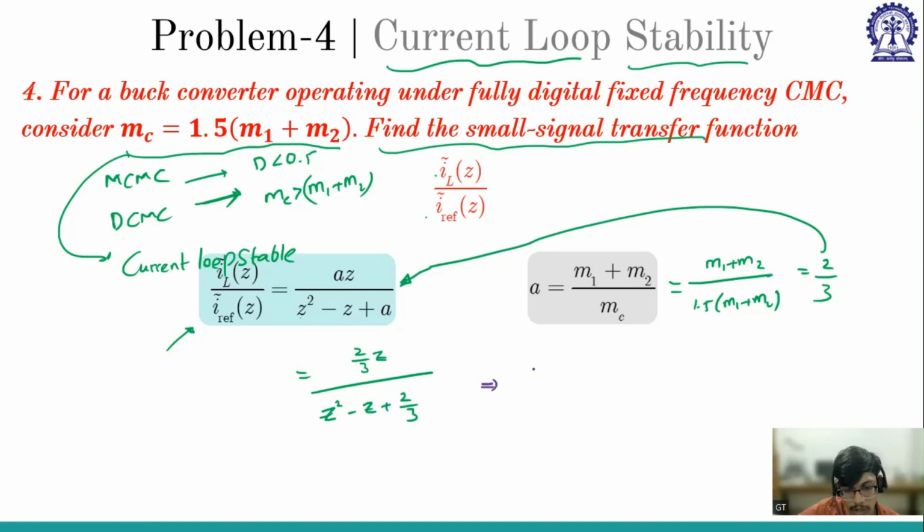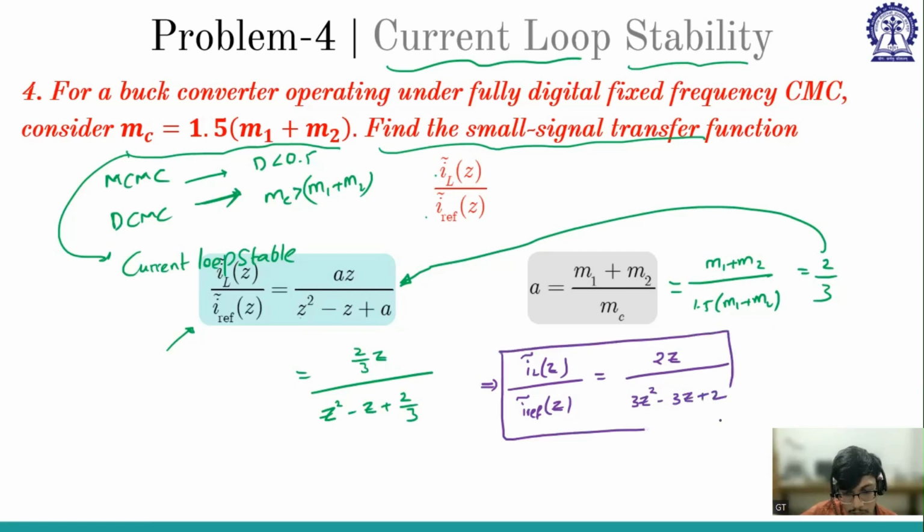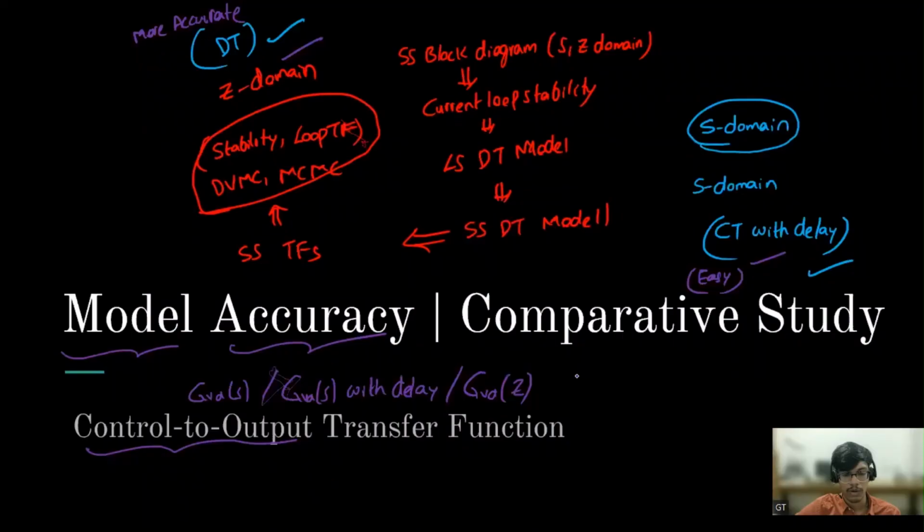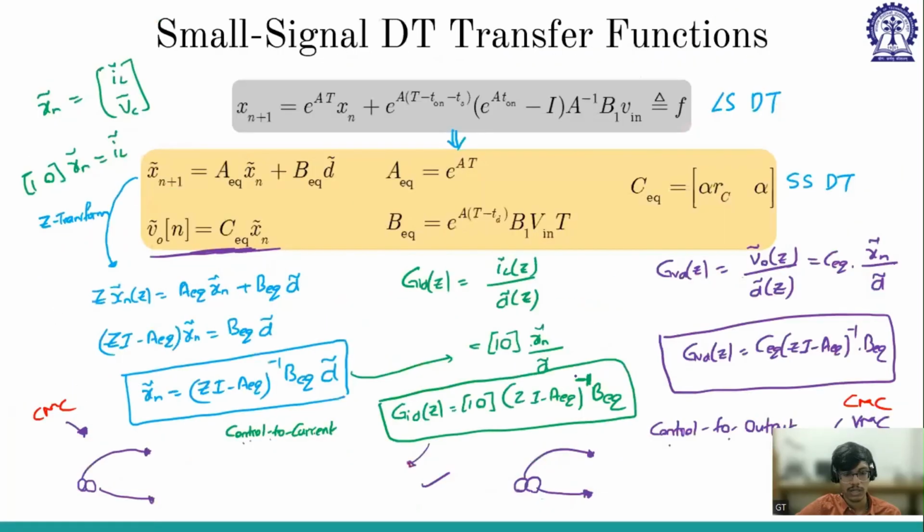So it will give me IL perturb of z by I reference perturb of z, which is nothing but, if I multiply by 3, I'll get 2z by 3z square minus 3z plus 2. So this is my final expression of the small signal transfer function. If you are not sure, let me go back to where I have discussed this.